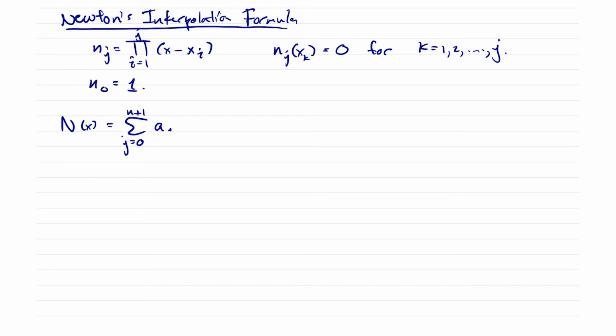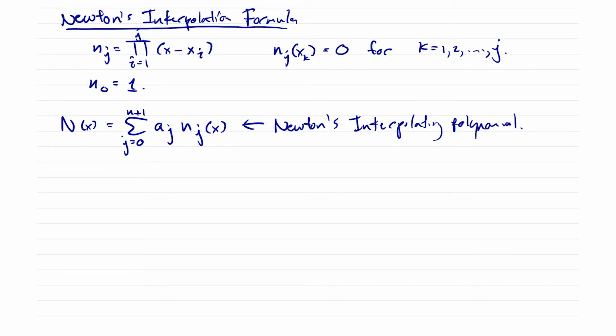And this is going to give me a collection of coefficients, aj times Nj of x. And this is Newton's interpolating polynomial. And so this leaves you with asking, what are the aj's?